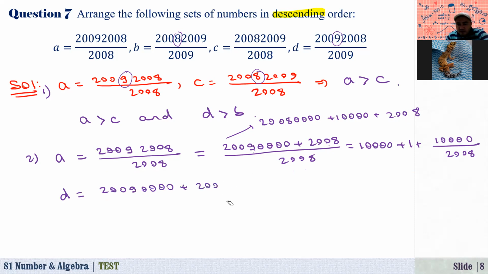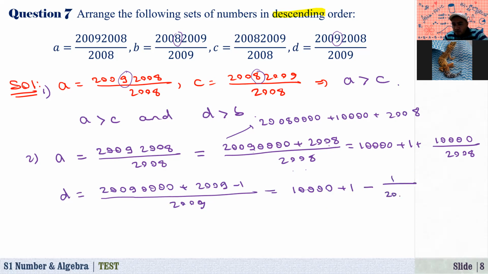Let me write 2008 as 2009 minus 1, over 2009. 2009 and 2009 cancel each other, so we get 10,000 plus 2009 over 2009, that's 1, and minus 1 over 2009. So these parts are the same, and the remaining part we are subtracting here, but adding in A, which implies that A is greater than D.